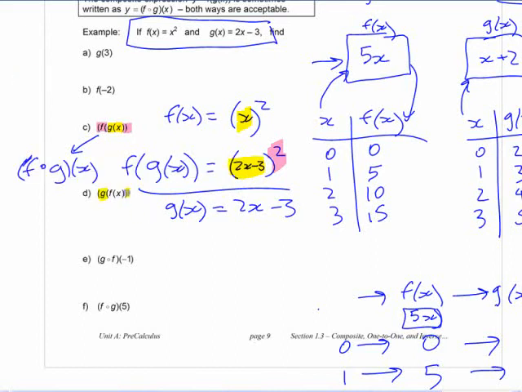So you have g of x, and you're going to put the other one inside there. So replace this with what you're substituting in there, x squared, and then keep the rest of it here. Now it turns out you don't need brackets on there. If you feel better about it, you can put brackets there to show that it's being substituted in, but in that case you don't really need them. 2x squared minus 3.